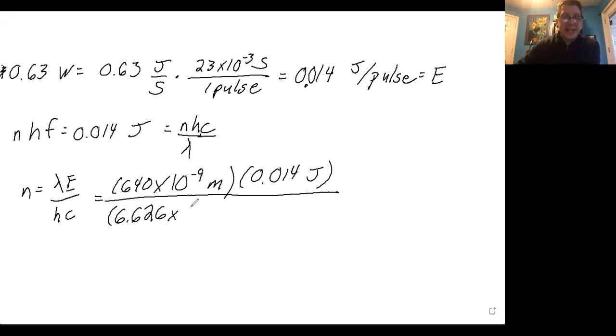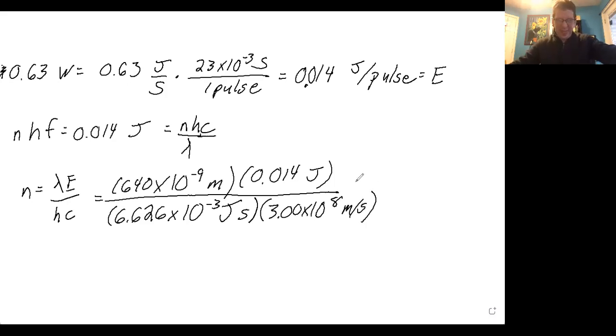So you can see this is going to wind up being a pretty large number of photons. And then c is 3.00 times 10 to the 8 meters per second. The presence of Planck's constant in the denominator is going to wind up making this a pretty large number.